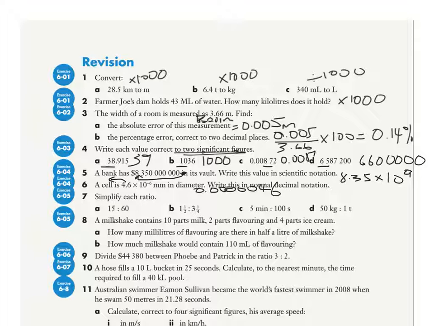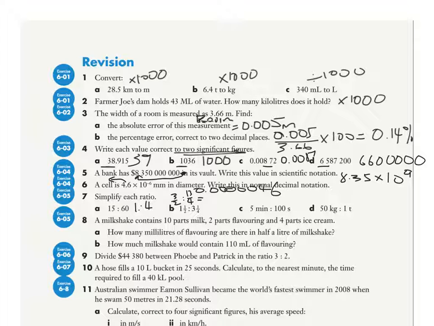Okay, simplify each ratio. Look for common factors, 15 and 60. 15 goes into that once and 4 times. Now B, now the slower way would be to change it to a mixed numeral first. So 1.5 is 3 on 2, 3 1/4 is 13 on 4.